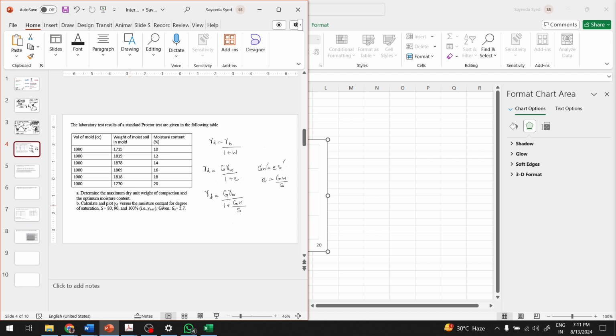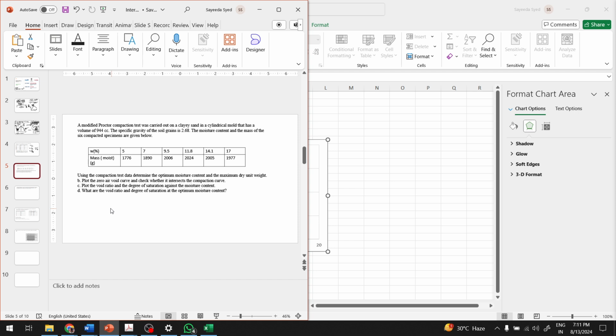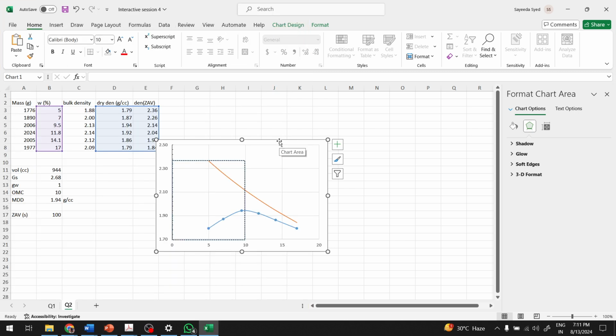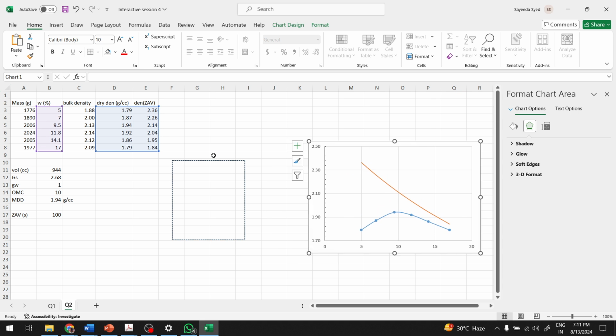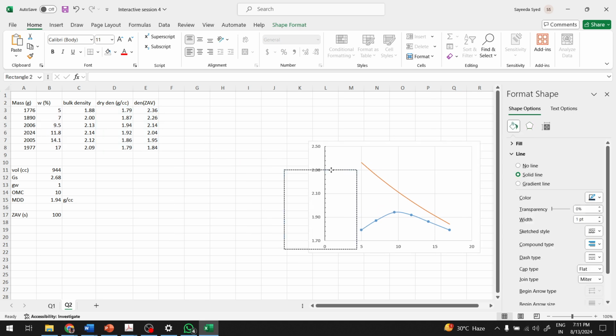So it's the next part. Calculate and plot the gamma D versus moisture content. Okay, this is the previous question. Plot the void ratio and the degree of saturation against the moisture content. So let's calculate the void ratio first.